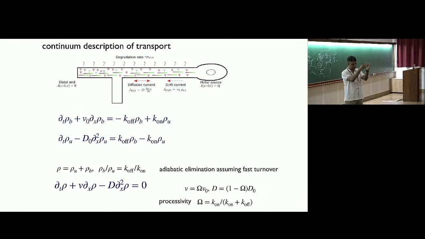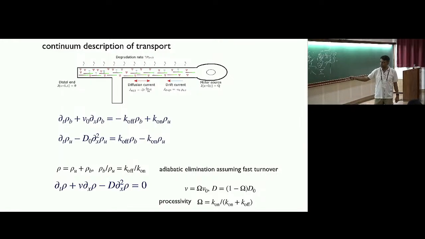In that local density profile, some part will be detached, meaning it will be diffusing, and some other parts will be drifting, right? So now you can take these two parts, and together they give rise to the total, and try to look at the dynamics of this total.